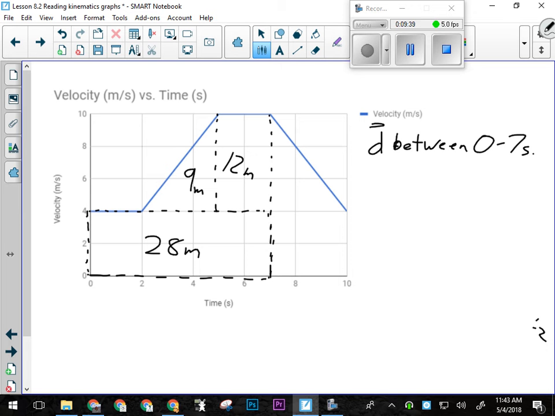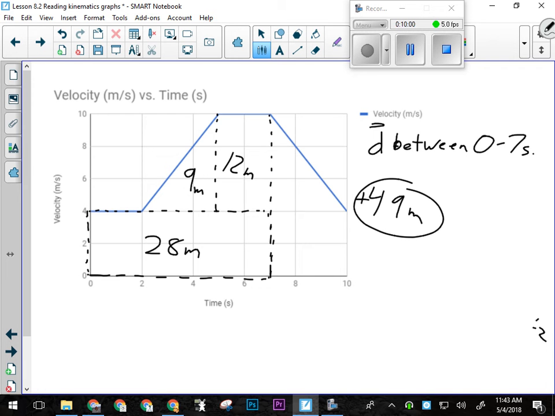Everybody okay with what I did there? All right, what do I do with those 3 numbers? Add them up, right? So I got 28 plus 9 plus 12, which is 49. Positive 49 meters, because displacement's a vector. These are all above the x-axis, so that's our displacement to there.